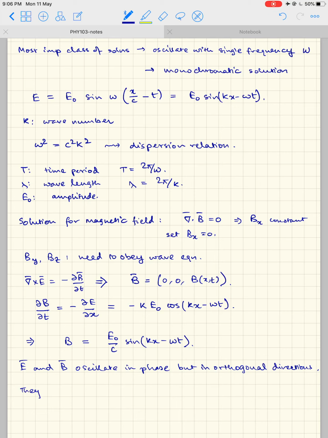They are also both orthogonal to the direction of propagation of the wave.